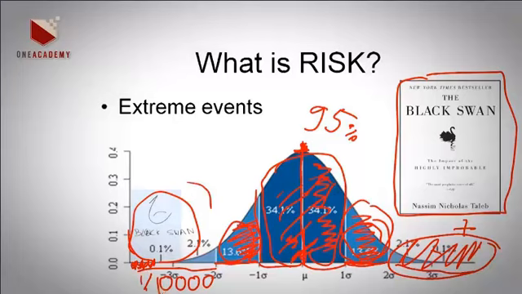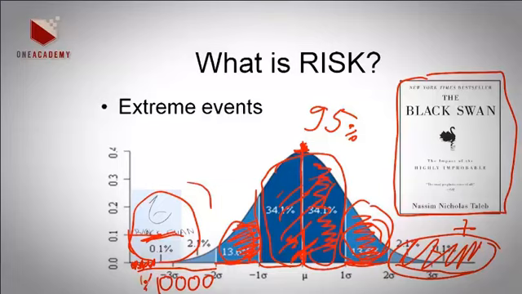There is a huge hazard out there. And these are exactly what Nassim Taleb calls the black swans. Black swans are basically extreme events that are negative in their nature and so rare that nobody has prepared for them.